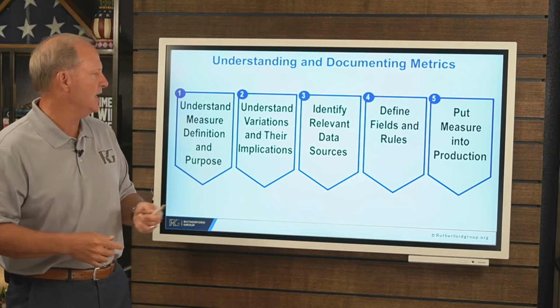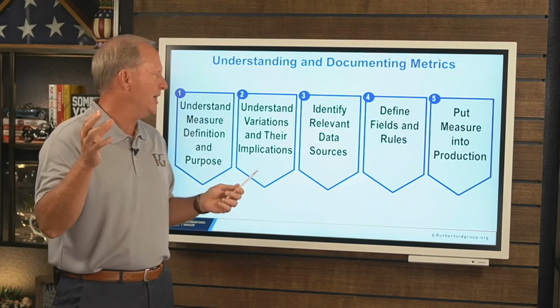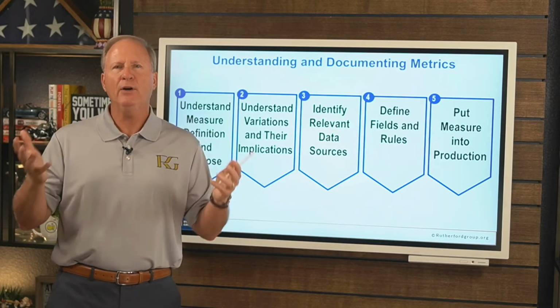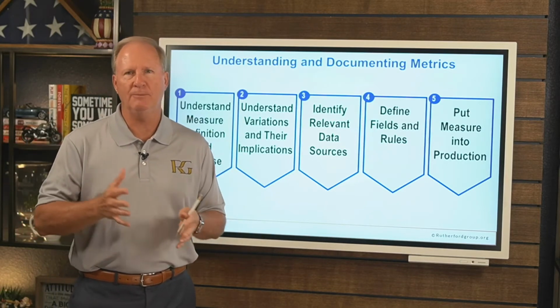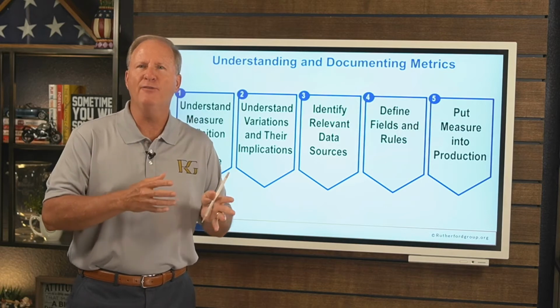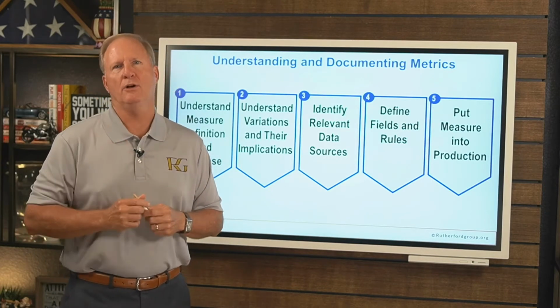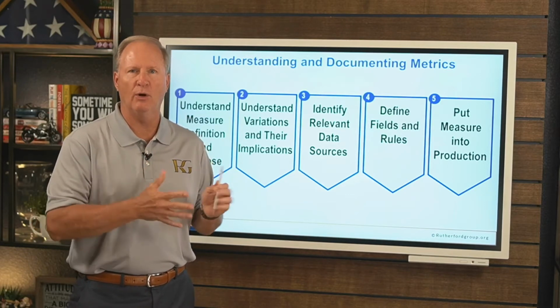The second key thing that we're going to look at is understanding variations and their implications. If a variation of the core metric is to be used, you need to define the formula of the variation and then outline exactly what alterations need to be made to the core metric.